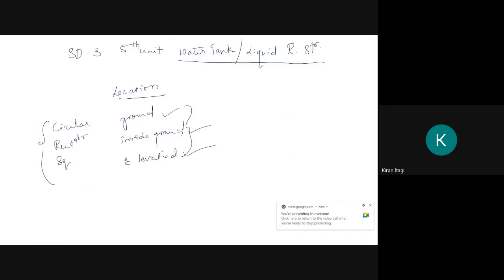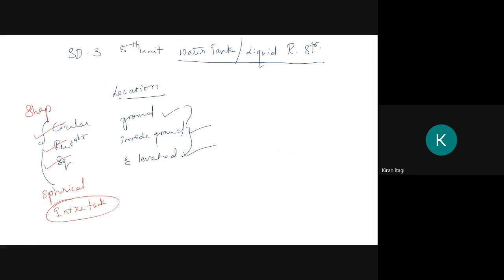And depending upon the shape, we have circular, rectangular, square, or spherical in shape, spherical tank, and Intze tank. The Intze tank basically depends upon the principle of the Intze. So we have different types of tanks depending upon the shape and location.